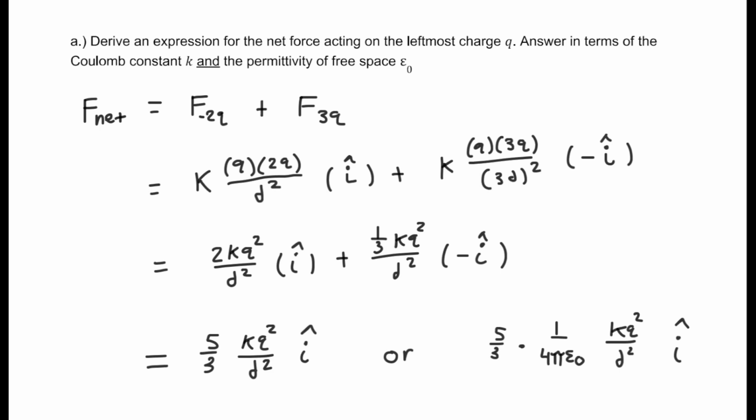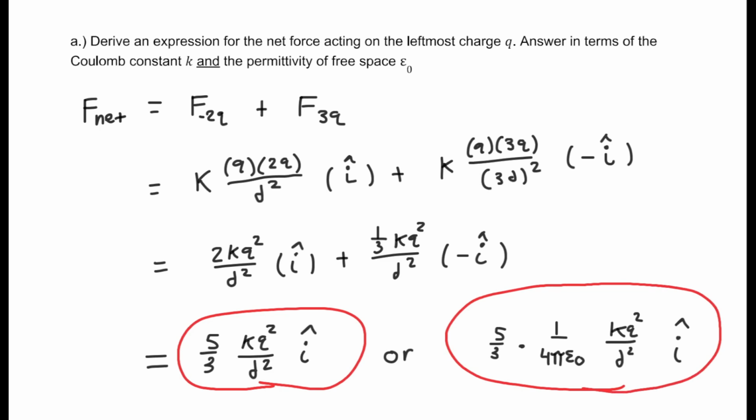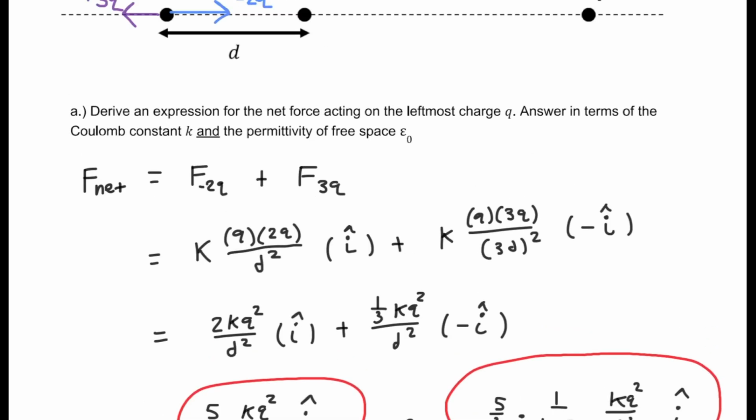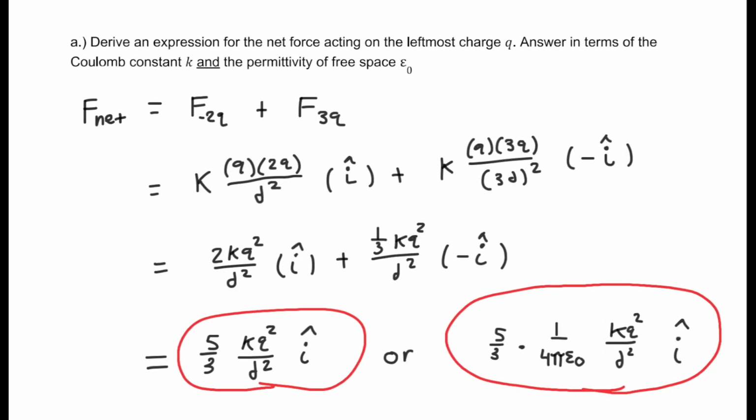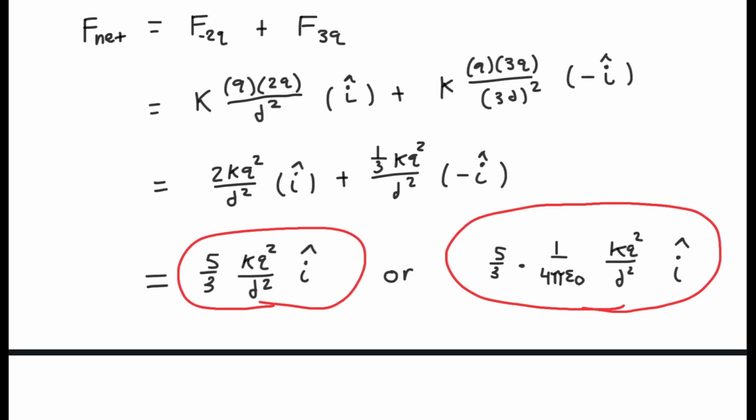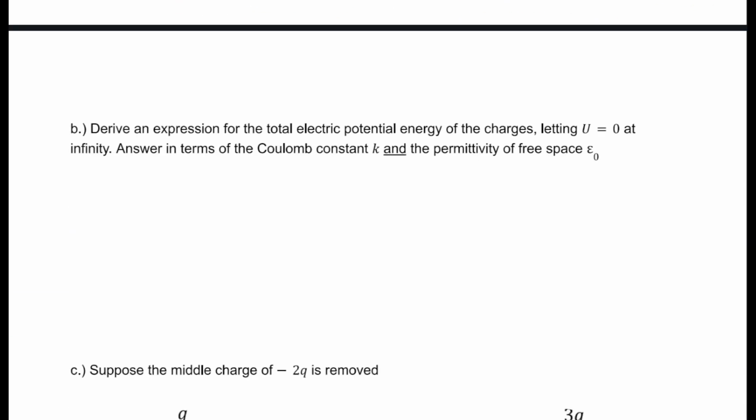College Board doesn't care, neither do I. What is it, 5 over 12 pi epsilon naught, if we actually did that. And again, notice that at the very start, we knew that the increased distance was going to make it so the attractive force to the right was going to win. And we see that.